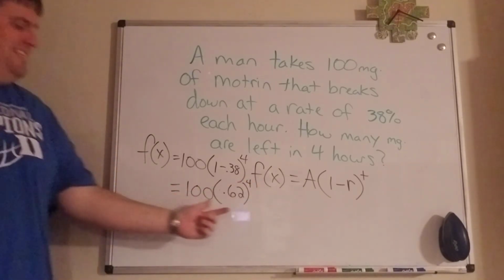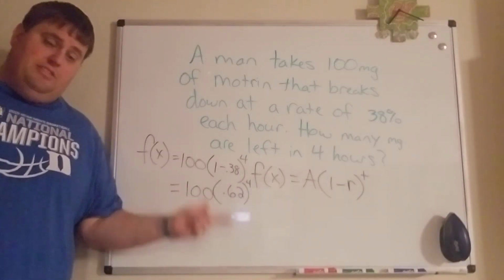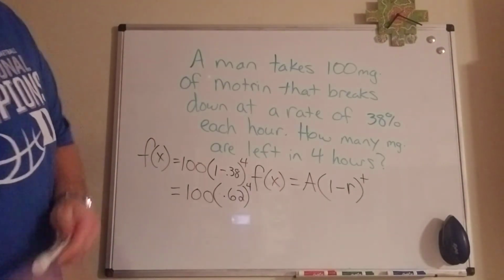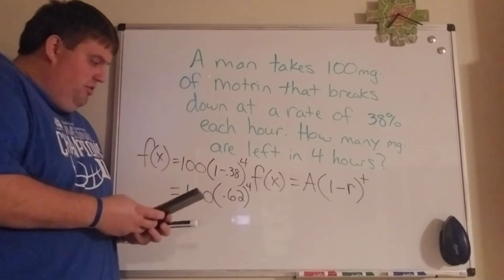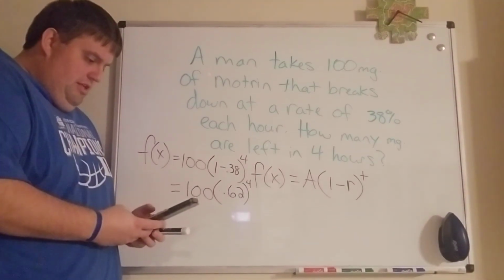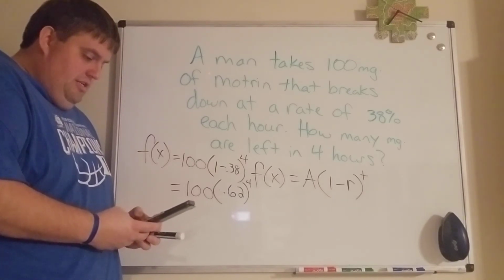So you can see this number is less than 1. That's where the decay comes from, right? That's why we're decreasing. We're just going to keep 62% of it each time. So we do 0.62 to the 4th and times that by 100.